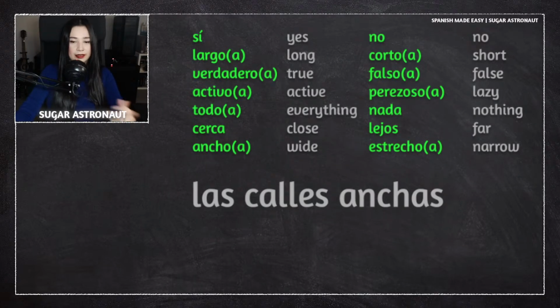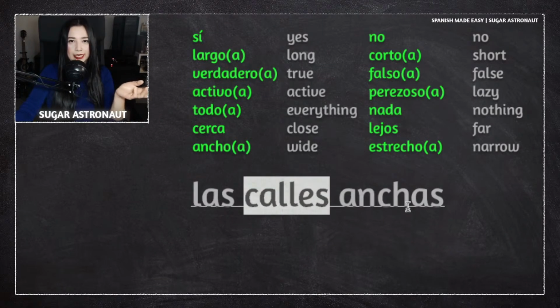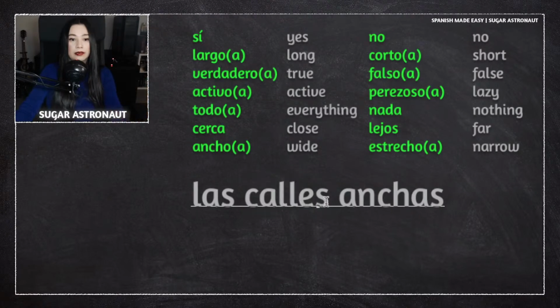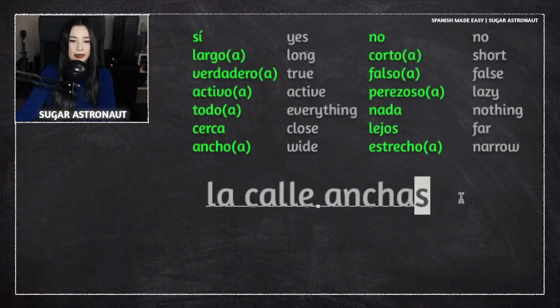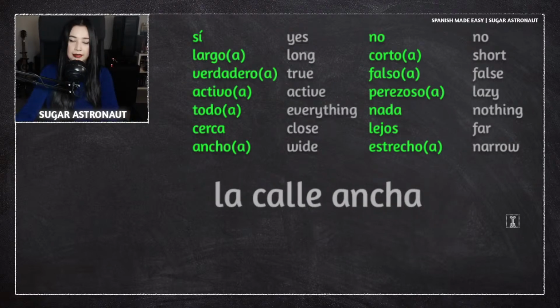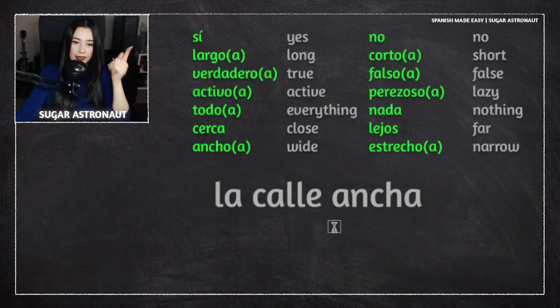It depends on the noun. Calles is the noun. Is it masculine, feminine? It's feminine. It's plural. Okay. So that's why you need anchas. If I said la calle ancha, that's singular. The wide street. Okay, so remember to match the grammatical gender and the quantity, the amount. Is it plural, singular? That's what you gotta do.